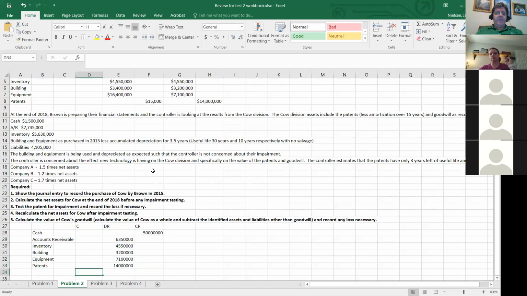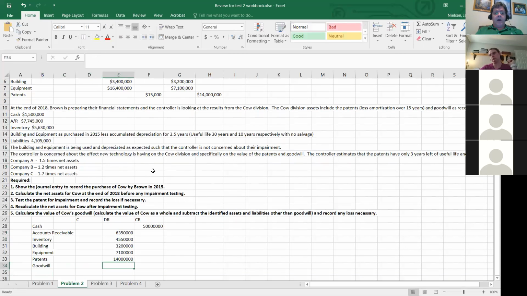Now, the difference to make this balance needs to go to Goodwill. So we're going to have to take our 50 million and subtract these other numbers to get the amount of our Goodwill.